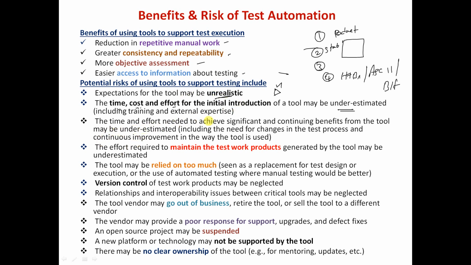Then the time and effort needed to achieve significant and continuous benefit will also be underestimated. For example, if you work for 2 months, to achieve that 2 months of productivity it will take at least 3 to 4 months, depending upon the workload. That is what they mean here.